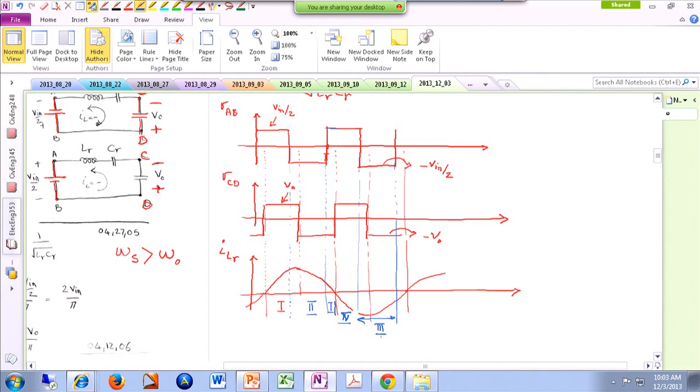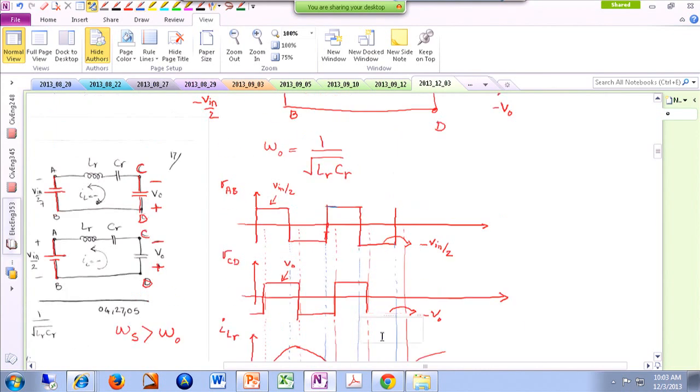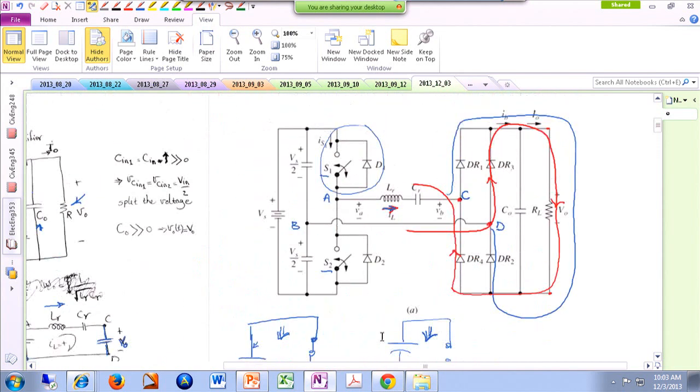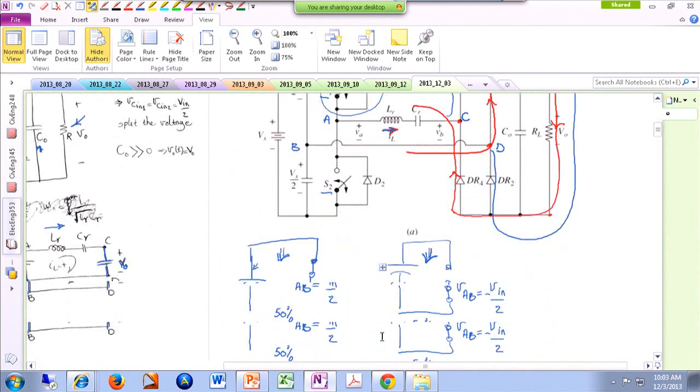So we are using all 4 modes with different length depending on the resonance that is going on in the system. All right. If you are particularly interested in one particular element in the system, for instance, let's just focus on switch number 1, okay? And by switch number 1, I basically mean transistor number 1.